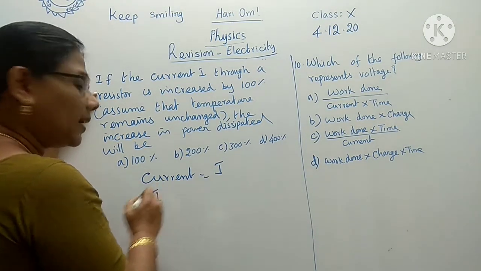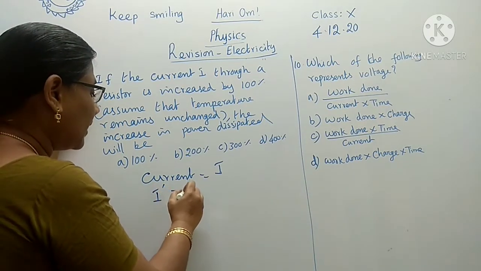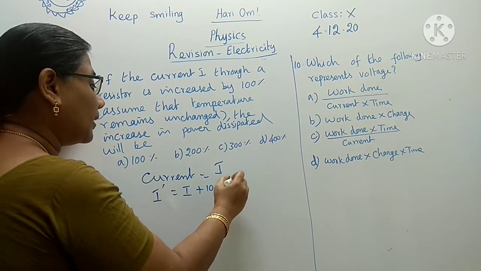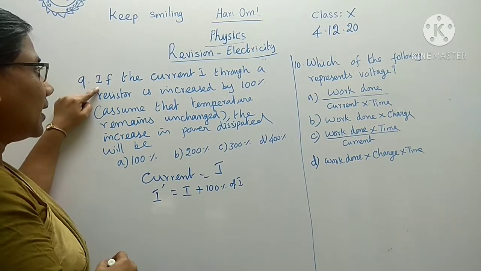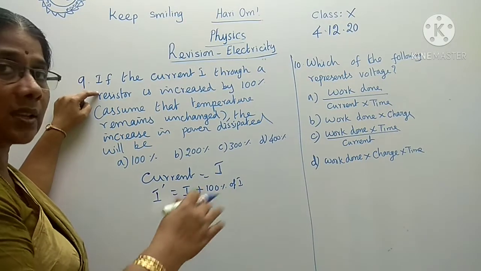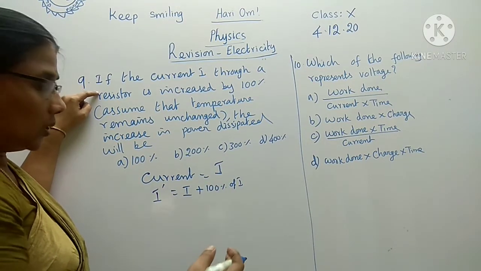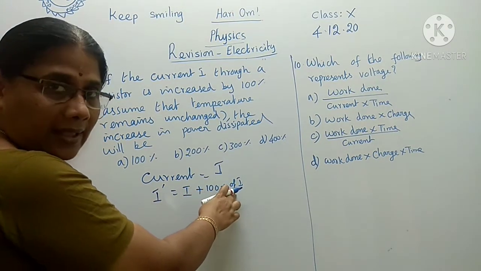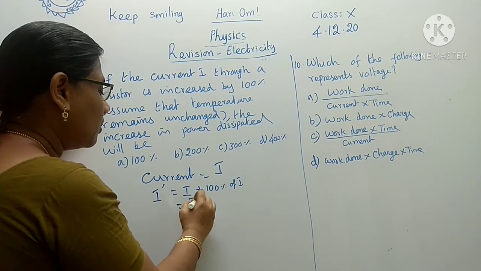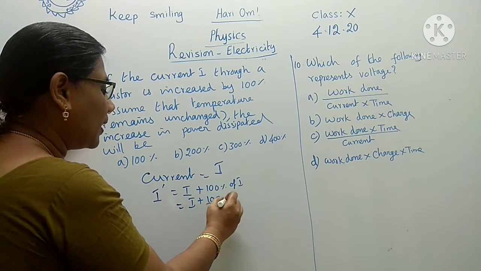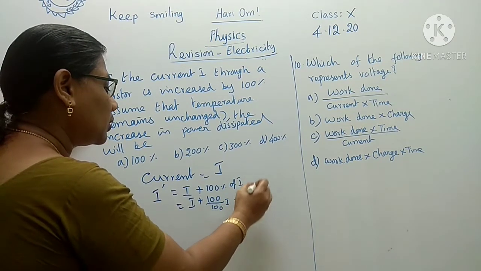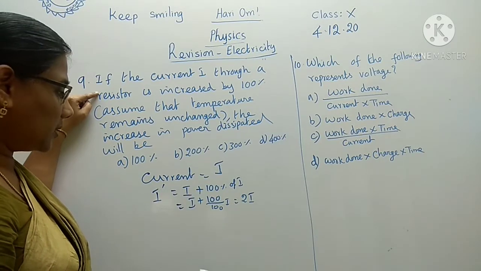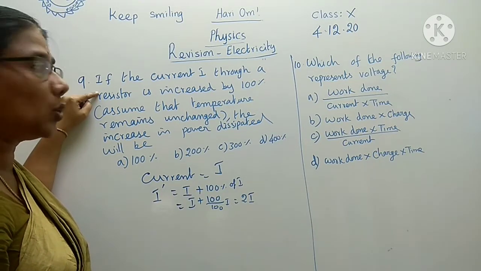So the new current I dash we can write as I plus 100% of I. So we get I plus 100 divided by 100 times I, that is equal to 2I. So 100% increase means the new current will be 2I.